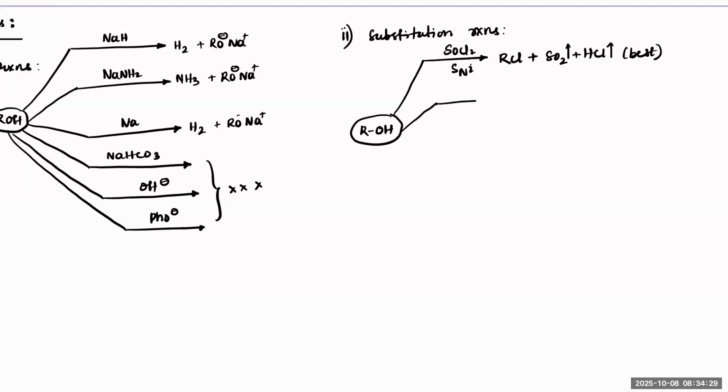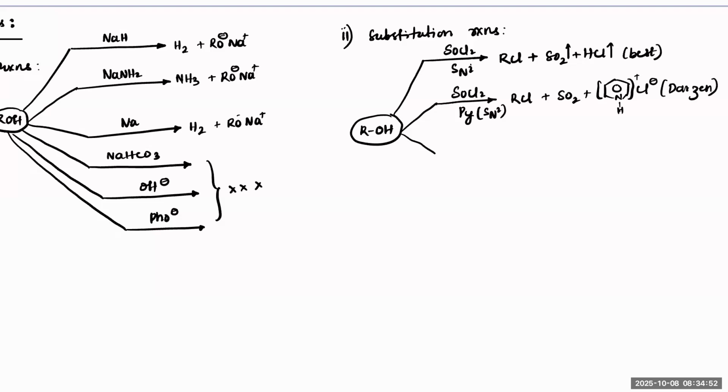Next is SOCl2 in the presence of pyridine. That makes it an SN2 reaction. So it will give you RCl plus SO2 plus pyridinium chloride. This is called Darzens reaction.